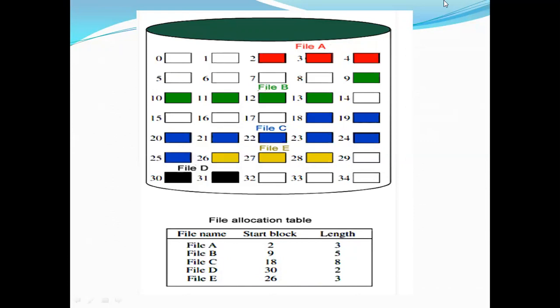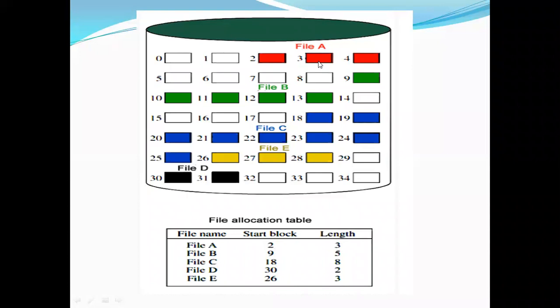file A. File A's contents are stored from the second block, then the third block, and then the fourth block. Suppose file A's starting block is 2 and length is 3. That means 3 blocks are allocated to file A as per its length.